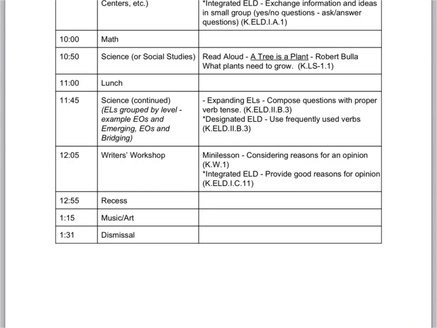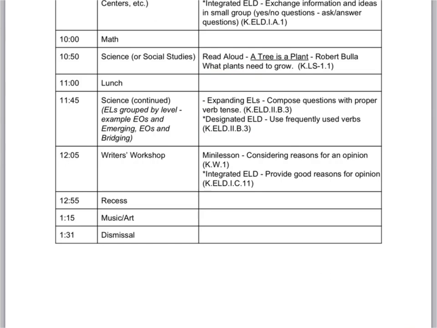So let me see if I've got this straight. You said language objectives, and science is the content area. So my content objective might be that students are learning about what plants need to grow. They can identify that plants need light, nutrients from the soil, water to grow.